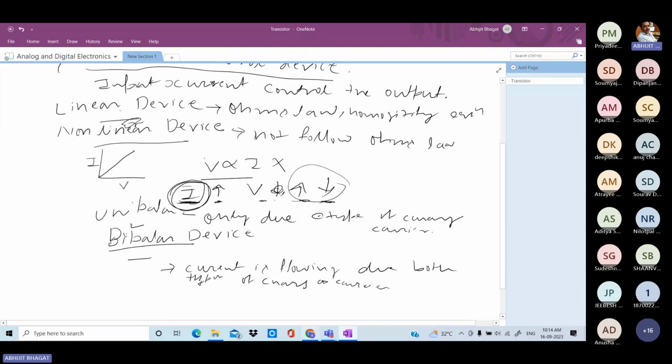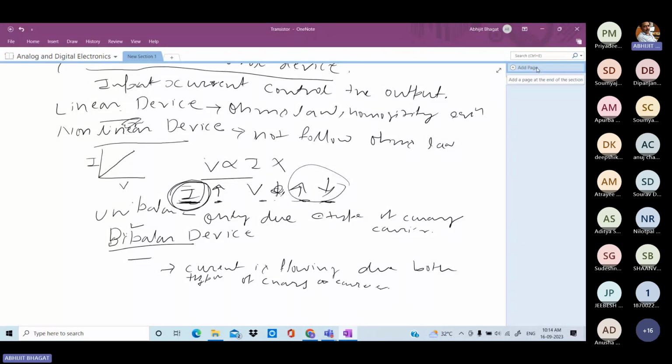Means here current flows due to the flow of electrons and due to the flow of holes both. Okay, in case of a bipolar device. Is it clear? Yes, no? Yes, sir.